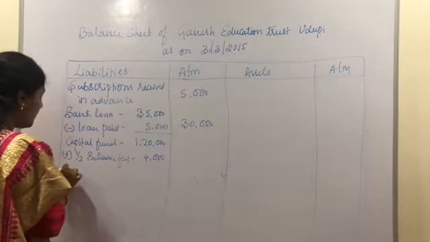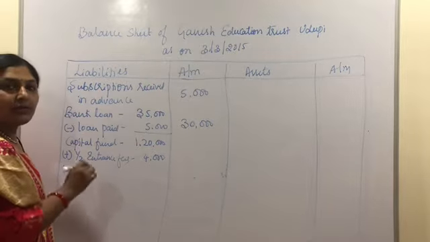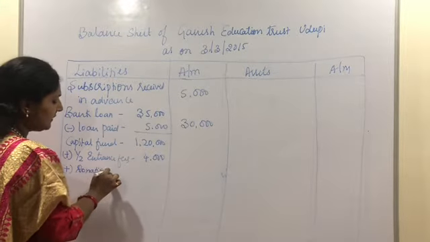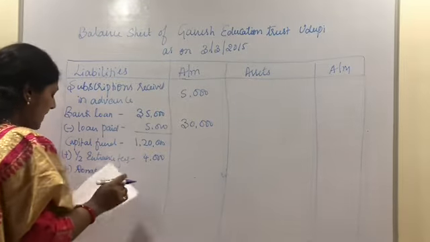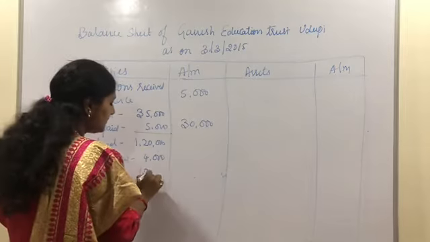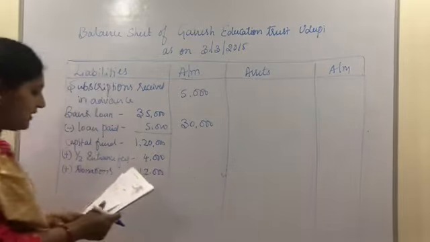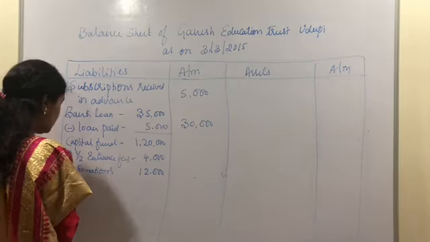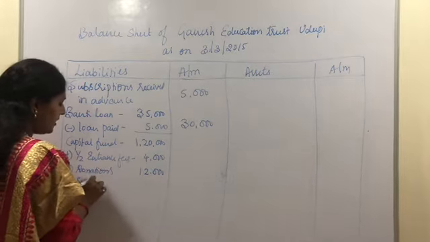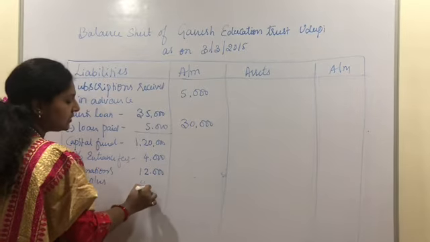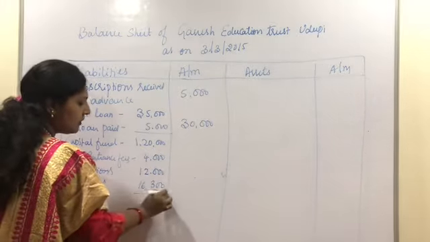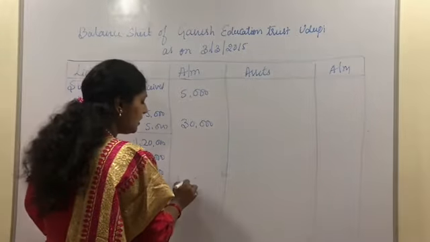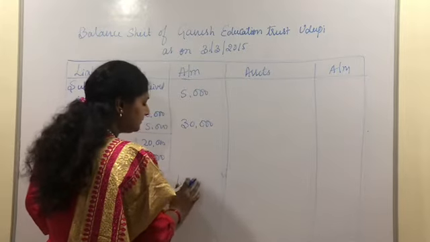And then according to the problem, we need to add 100% of donations, that is the complete balance of donations we are capitalizing. So the balance of donations 12,000, and then we have the surplus to add here. The balance of surplus just now we have calculated, which is 16,300. Now the closing capital fund balance is 1,52,300.